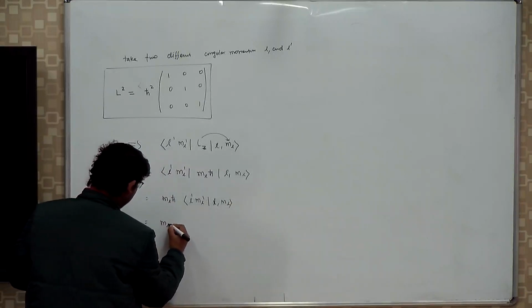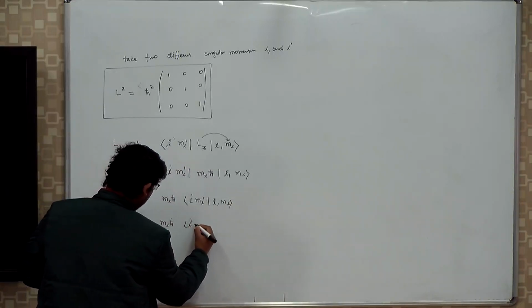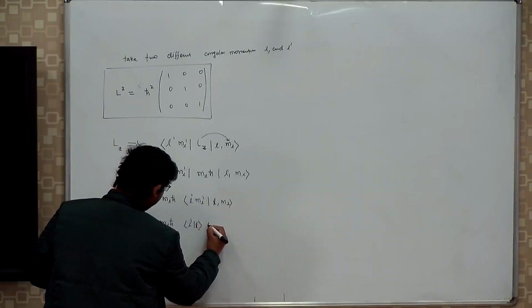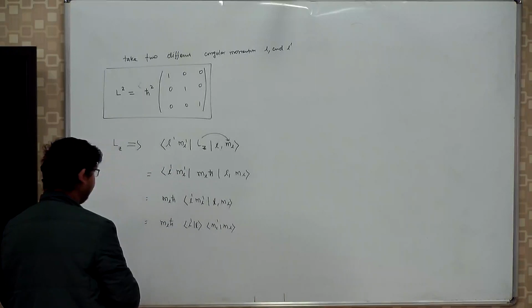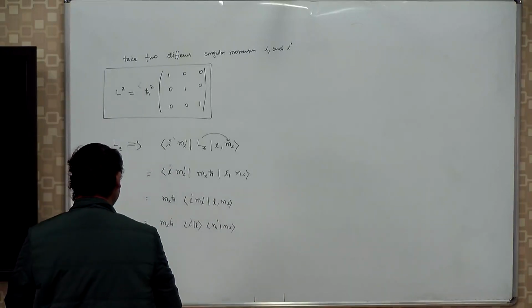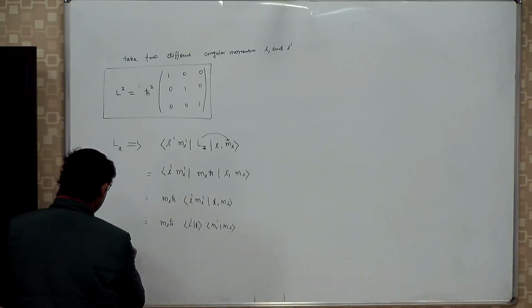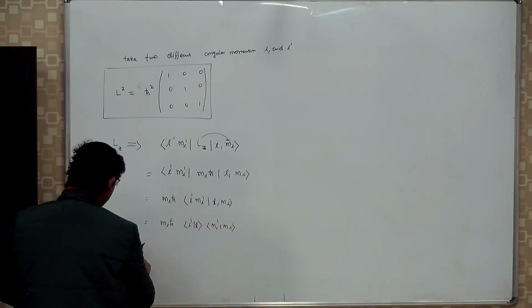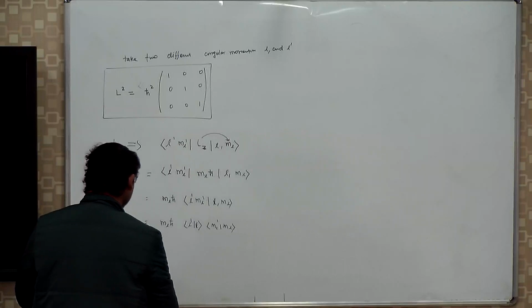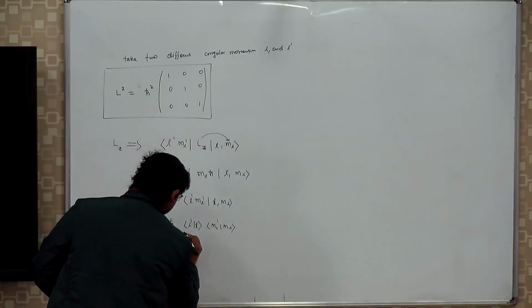This can further be written as ⟨L'|L⟩⟨m_l'|m_l⟩. Now if we apply the value of L equal to L dash equal to 1, then this term will become 1.